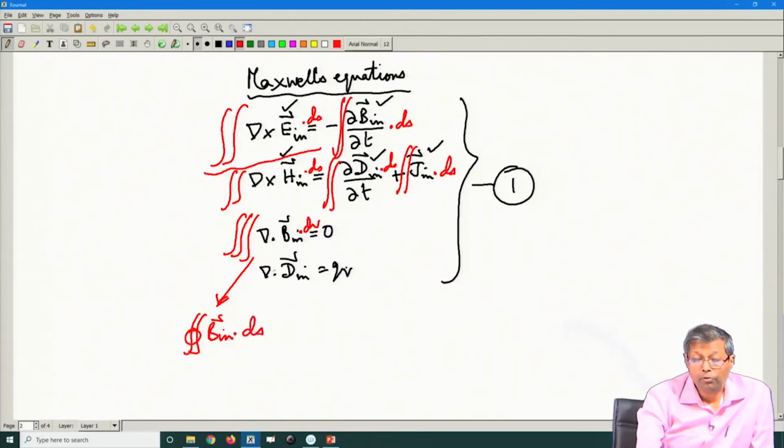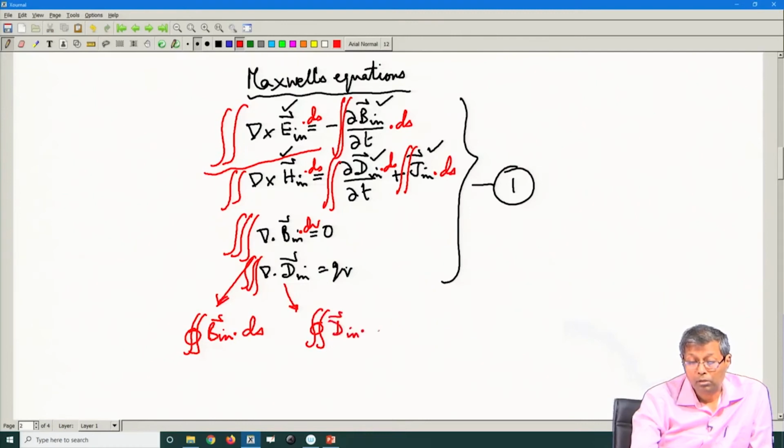And similarly, we perform the triple integral here, that becomes D dot ds, and we perform the triple integral here.